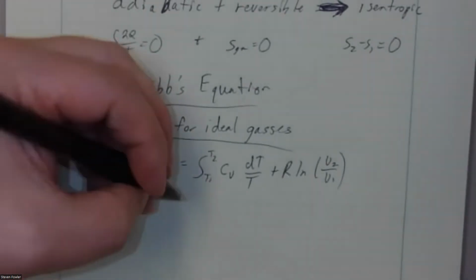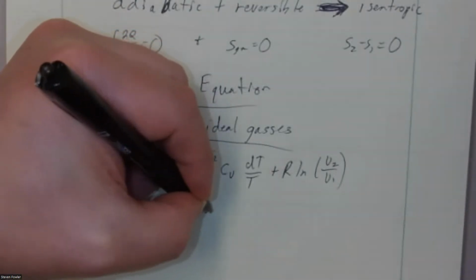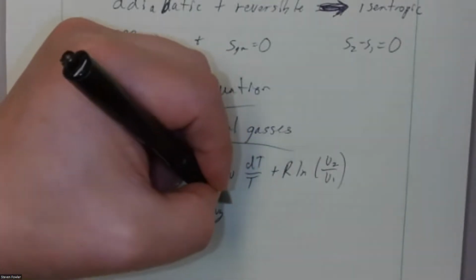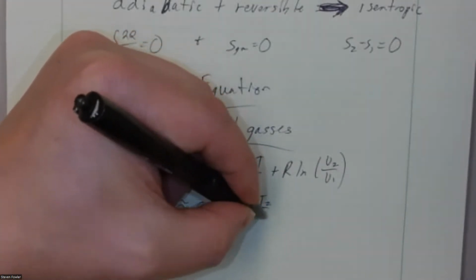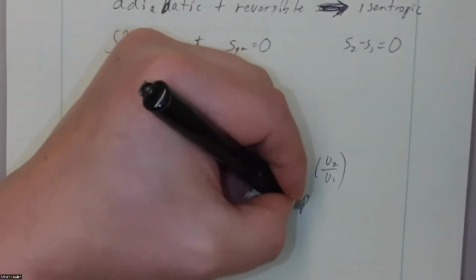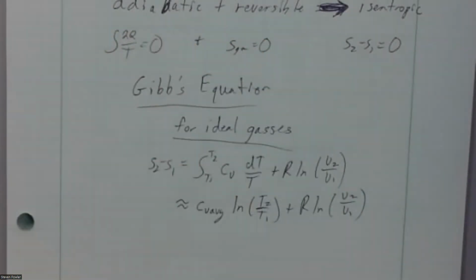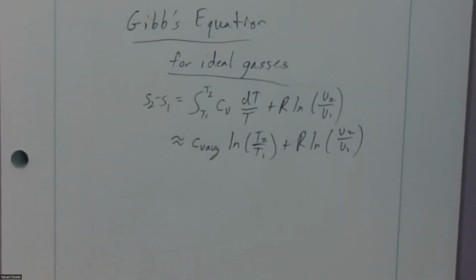And what we normally do is say this is approximately equal to, if I pull C sub V out as a constant at the average temperature, C sub V average ln T2 over T1 plus R ln V2 over V1. So that's a reasonable approximation.